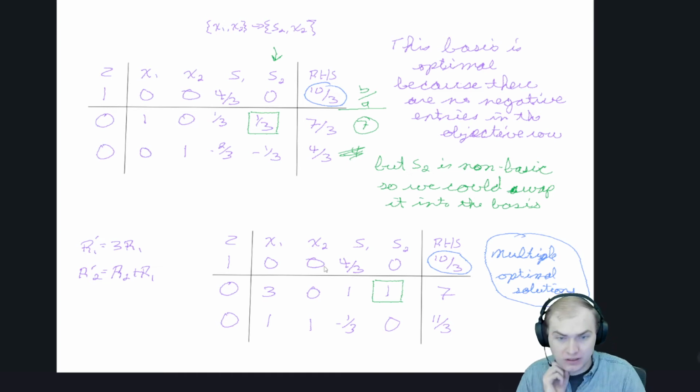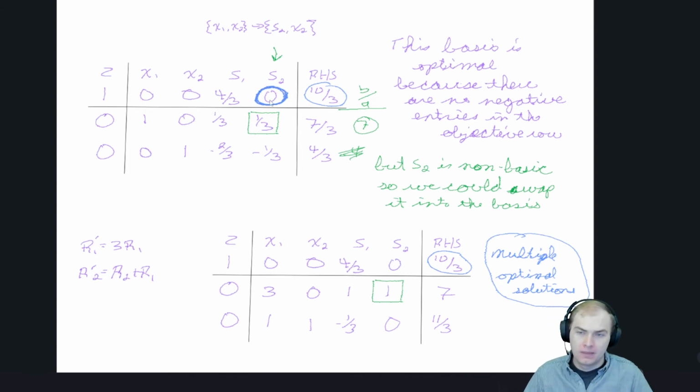And that is all because there was a 0 in one of the non-basic columns. And there was no negative entry in the objective row.